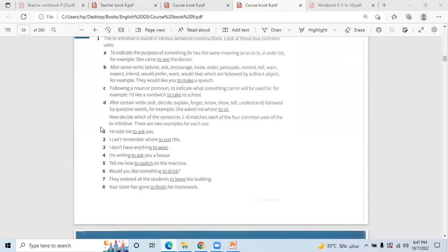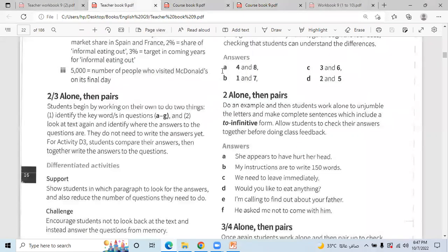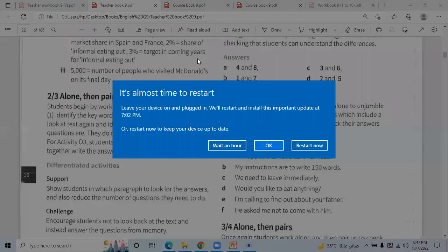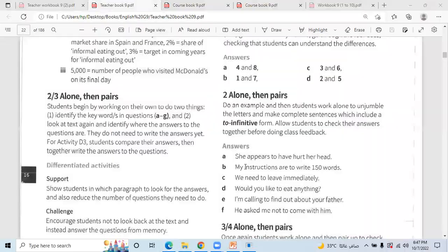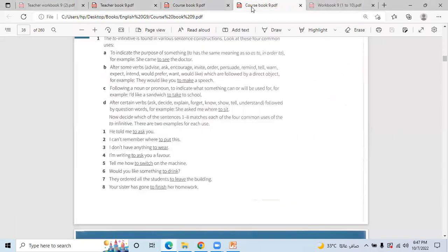Okay, so here A, B, C, D that we are going to match. A is 4 and 8, B is 1 and 7, C is 3 and 6, and D is 2 and 5.